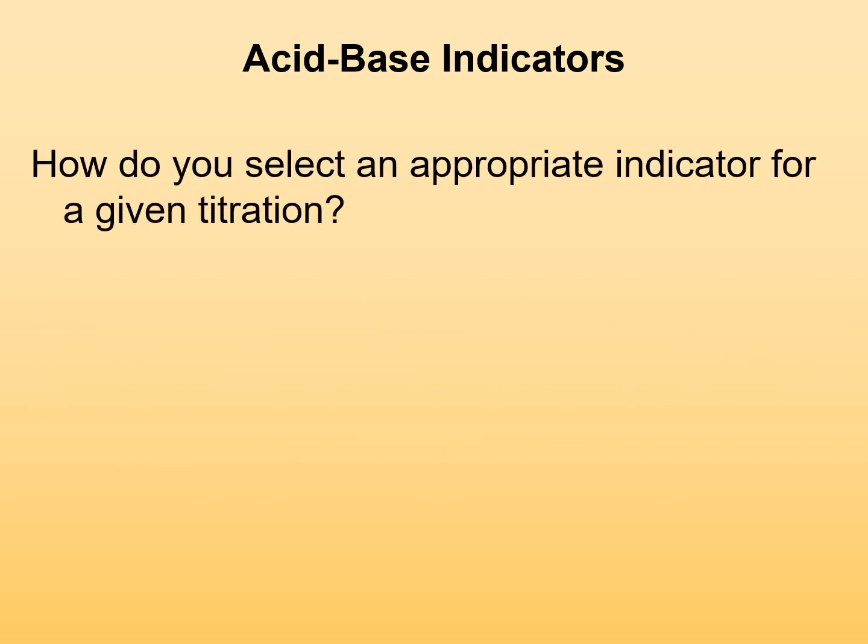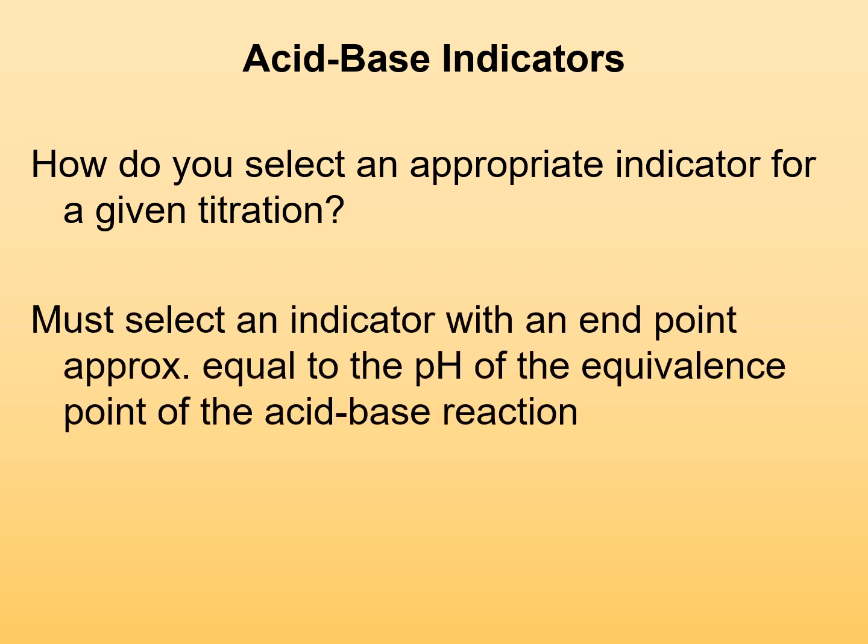When selecting an appropriate indicator for a given titration, you need to select an indicator with an endpoint approximately equal to the pH of the equivalence point of the acid-base reaction. You want to make sure that the pKa of the indicator is approximately equal to the pH of the equivalence point.